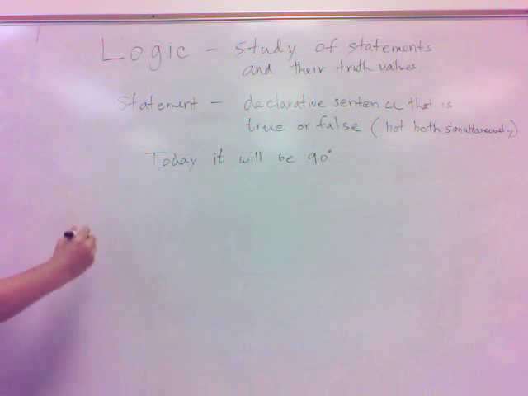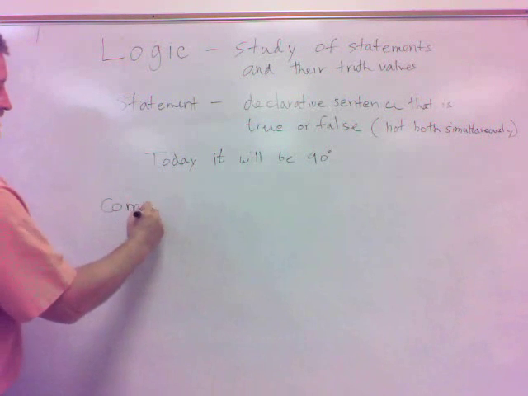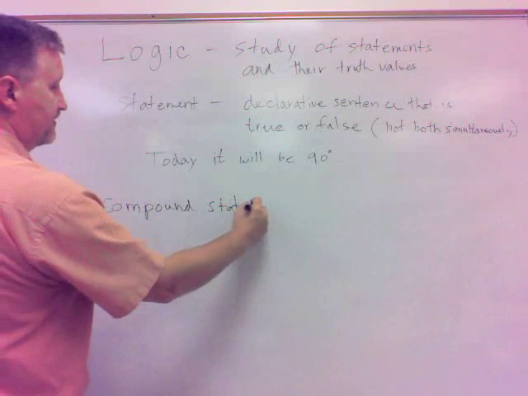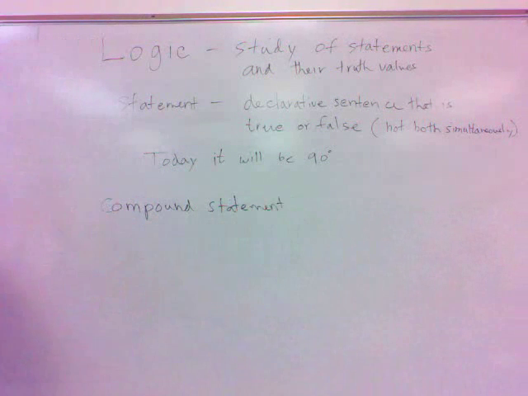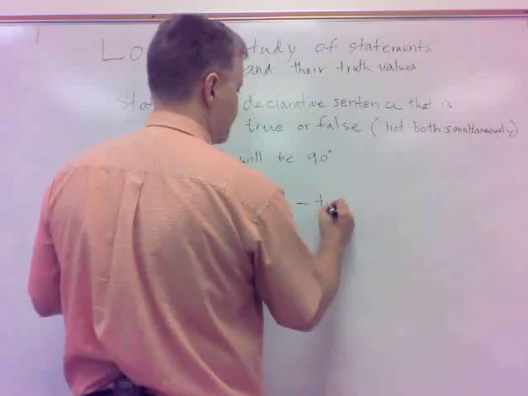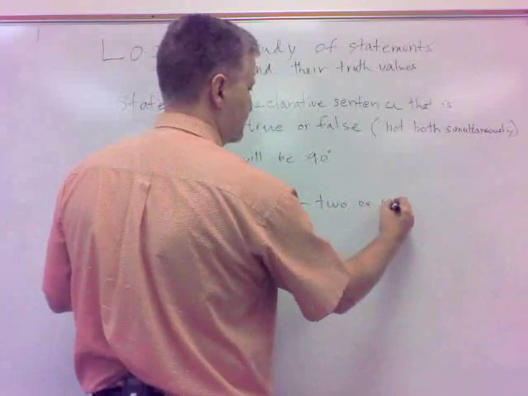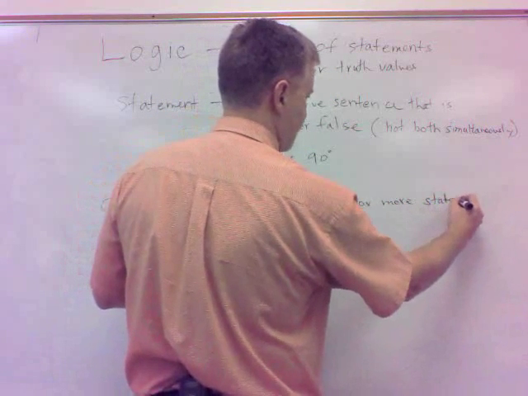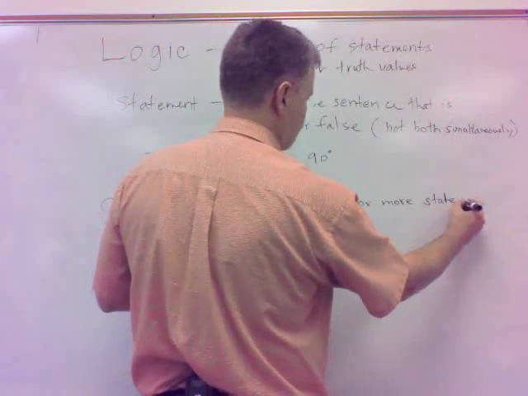All right, and I mentioned the idea of a compound statement. Well, that's just what it sounds like. A compound statement is a statement that has two or more component statements. So a compound statement is two or more statements joined together by connectives.